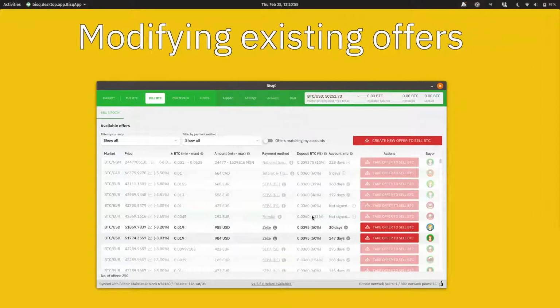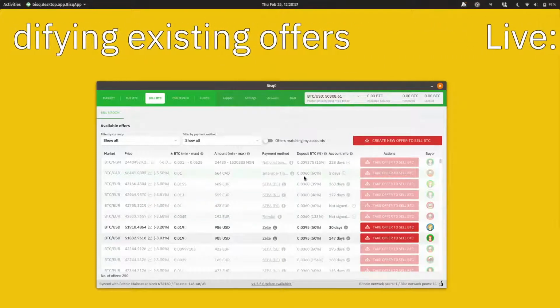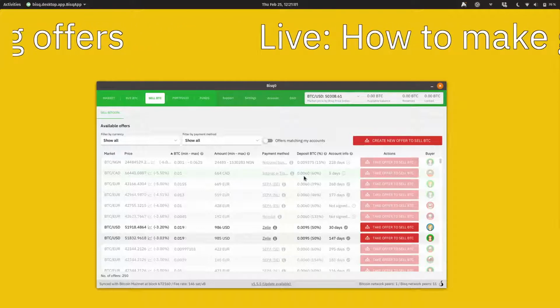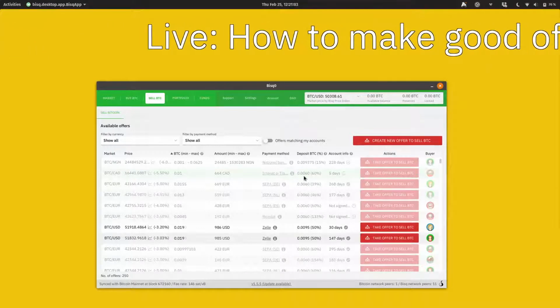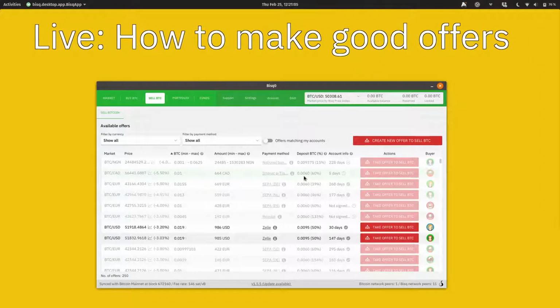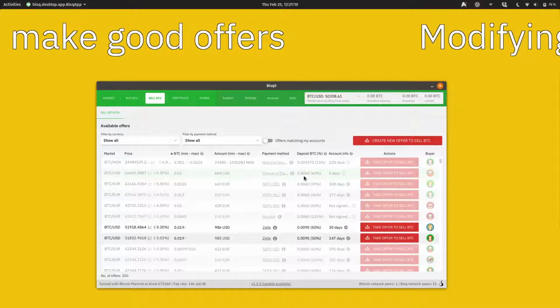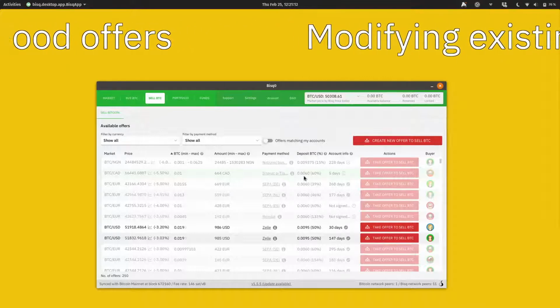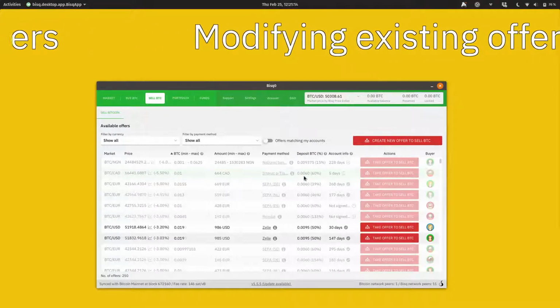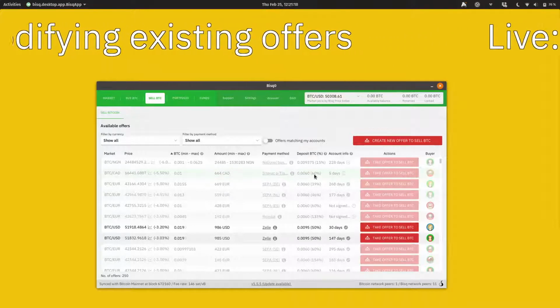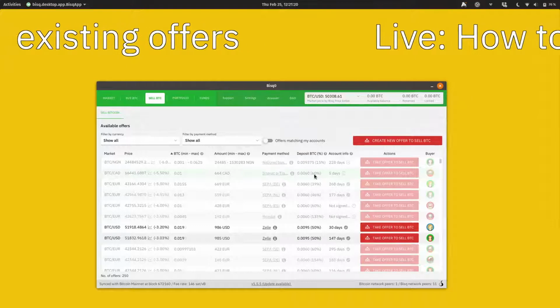I think it was about 2 or 3 months ago that this column was added, deposit BTC, and it shows you both the raw amount of Bitcoin that the offer maker has committed to locking into the multi-sig deposit upon confirmation that the offer has been taken, and the percentage of the trade that signifies.